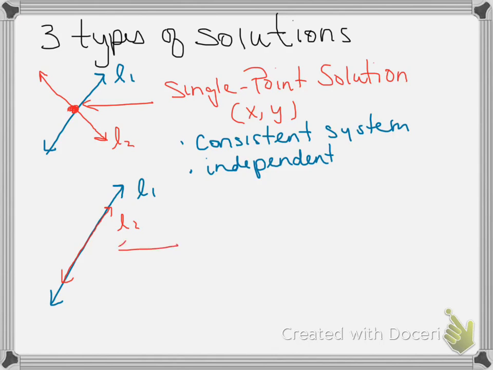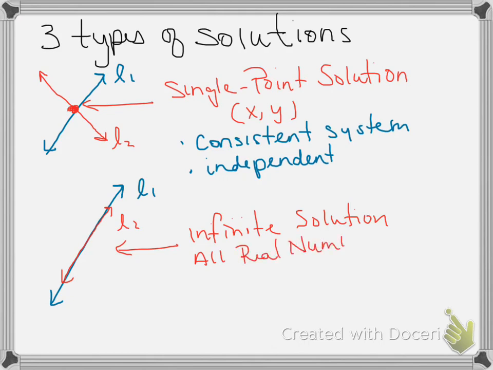These two are touching an infinite number of times. So this is an infinite solution. We also sometimes consider this all real numbers. They touch on every number that can be used for the x or y, depending on how they're drawn.